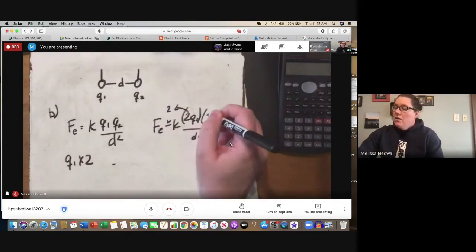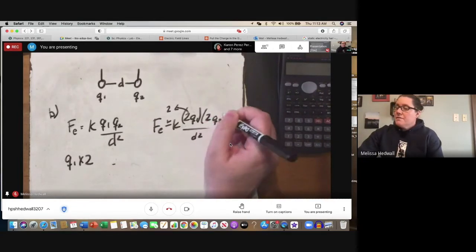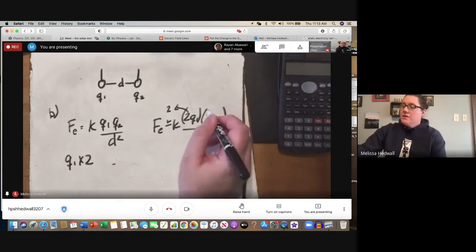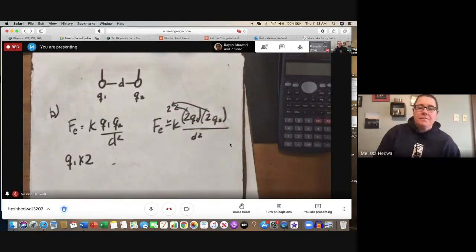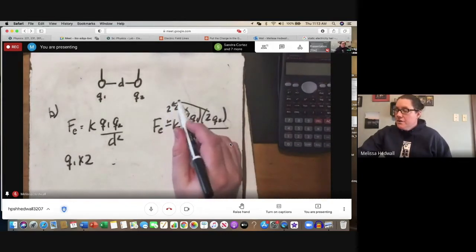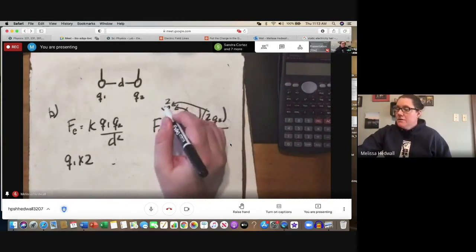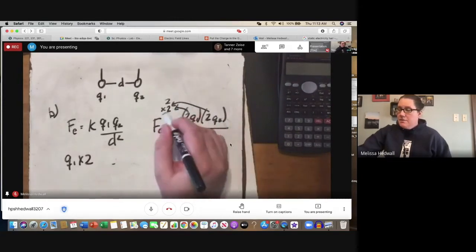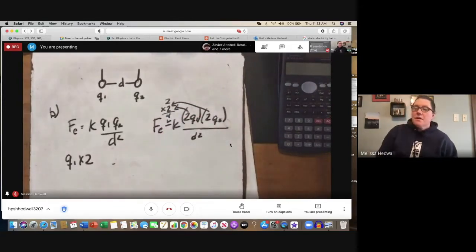Then we also double this one, so Q1 is doubled and Q2 is doubled, and this 2 also comes out. Both 2's come out, 2 times 2. These numbers are multiplied, and 2 times 2 gives us 4.